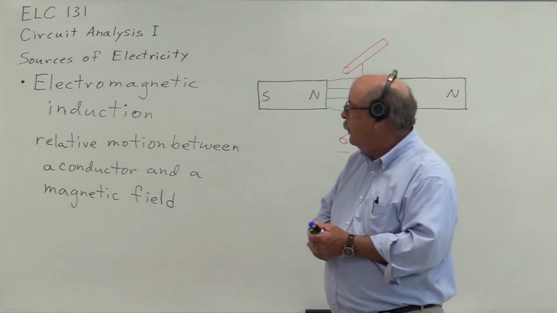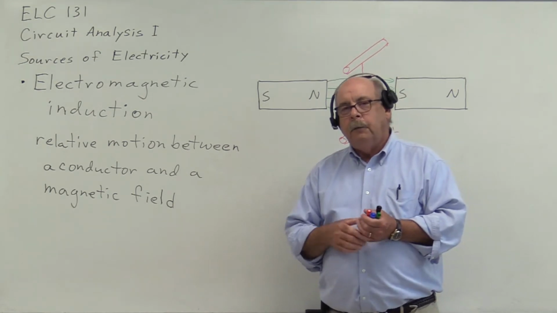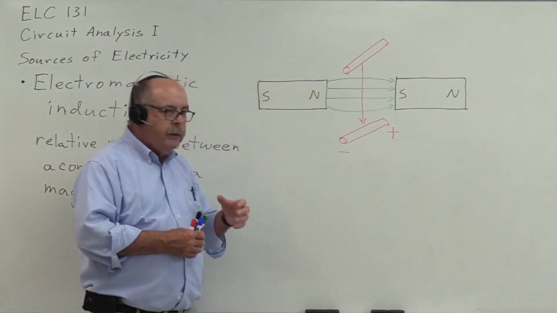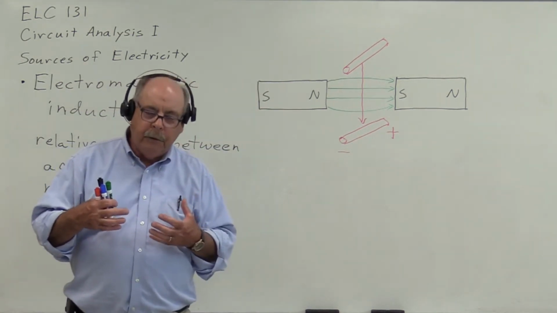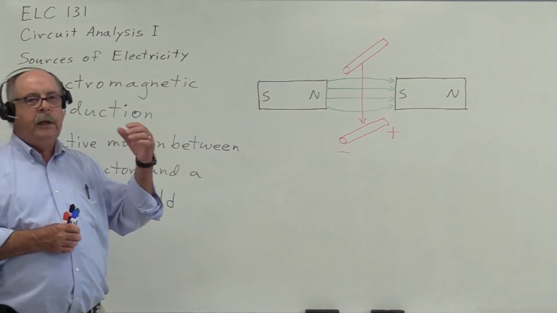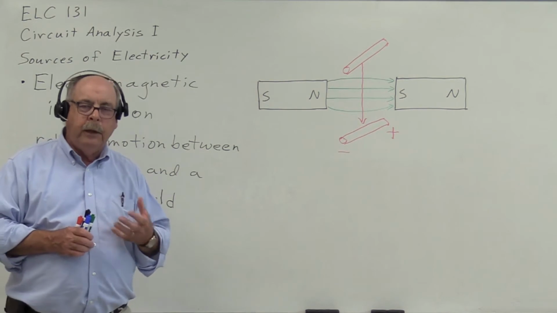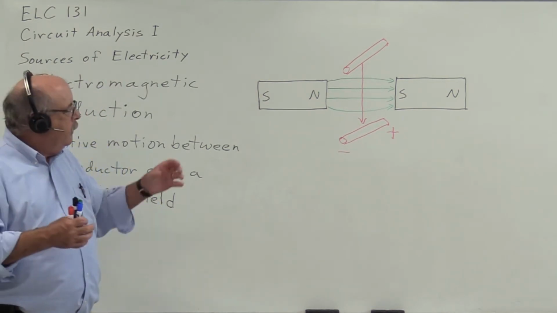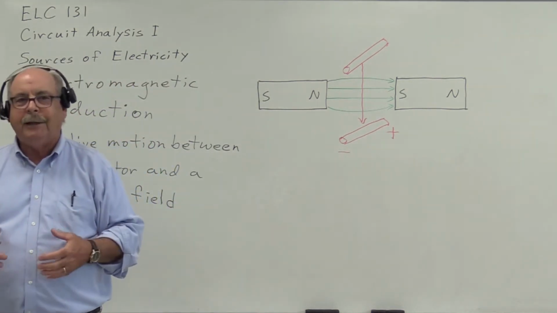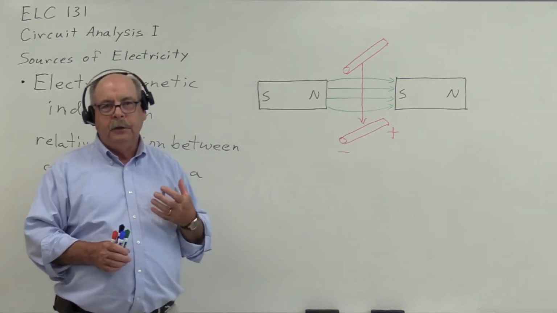Electromagnetic induction is how the majority of the electricity in this world is created. We move a conductor through magnetic lines of force, and it's interesting when I ask students, how do we make electricity? A lot of people will say nuclear, or they'll say coal, or they'll say wind turbines. They're all the same mechanism of generating the electricity. It's just that the energy used to move the conductor through the flux is different.